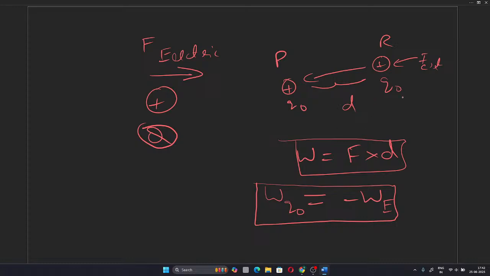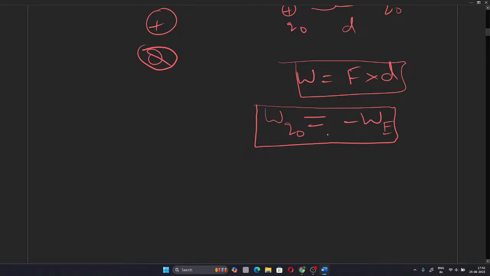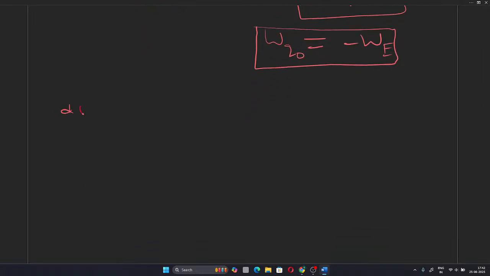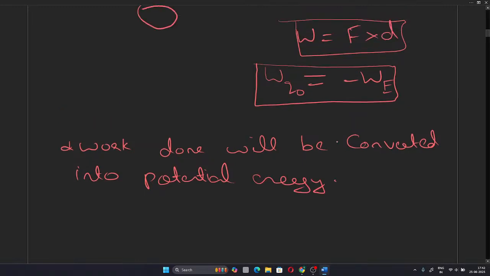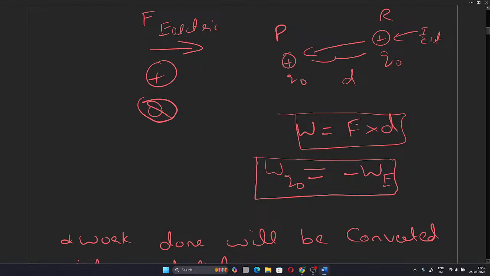Because of that, this work done will be converted into potential energy, or electrical potential energy, as this potential energy is due to the electric field. As we move this charge from here to here, we are doing work, and this work is getting stored as electrical potential energy.